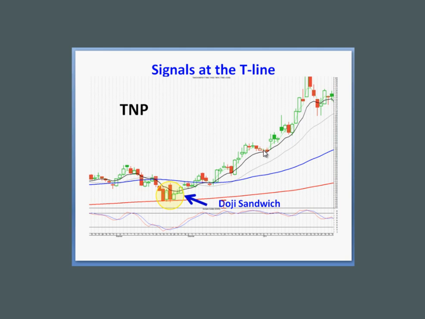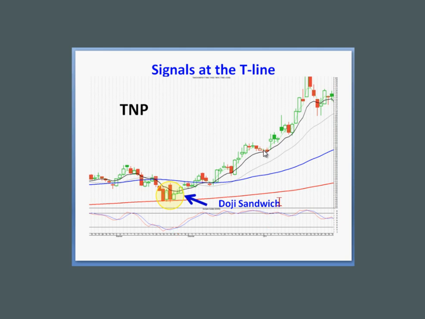So as long as you keep that simple definition in your head, this chart could be a 1-minute chart, and the criteria remain the same. You still have the 200, the 50, and the 20, and you still have the T-line, and you still have the stochastics, all the same. If I had this up on my live screen, I could flip to the 1-minute chart and look, everything would be the exact same on here.